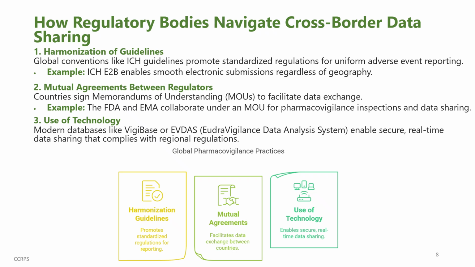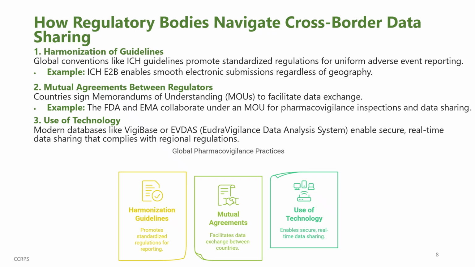Harmonization of guidelines. Global conventions like the ICH guidelines promote standardized regulations for uniform adverse event reporting. Example, the ICH E2B enables smooth electronic submissions regardless of geography. Mutual agreements between regulators. Countries sign MOUs, or memorandums of understanding, to facilitate data exchange.